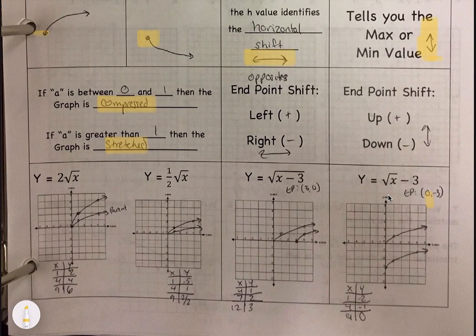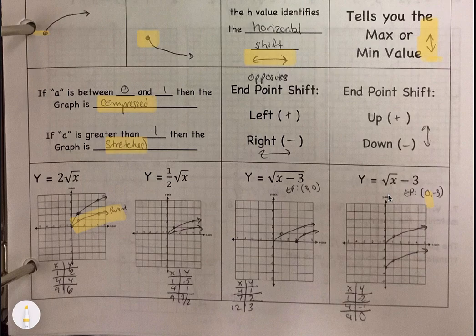And so you can see I've drawn, if we look to the left, I've drawn the parent function over there where it hits at (0, 0), (1, 1), and (4, 2). Now when we have y is 2 times the square root of x, that means when we plug in 1 for x, y is now 2 times the square root of 1. When we plug in 4 for x, y is now 4 as well.